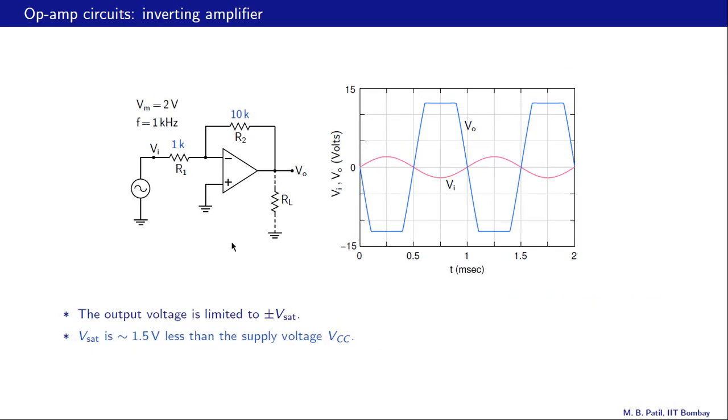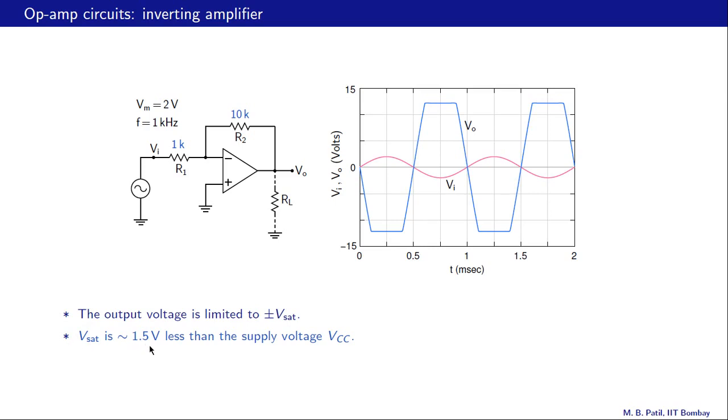So we have seen that an inverting amplifier provides a gain of minus R2 by R1. However, there are some limitations that we need to understand. Number one, this output voltage is limited to plus minus Vsat, where Vsat is the saturation voltage of the op-amp. What is Vsat?